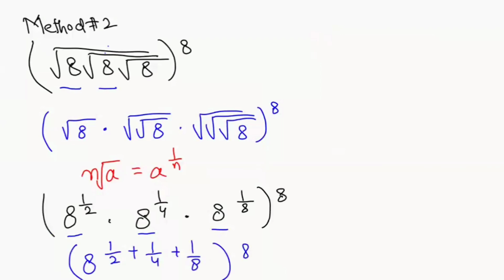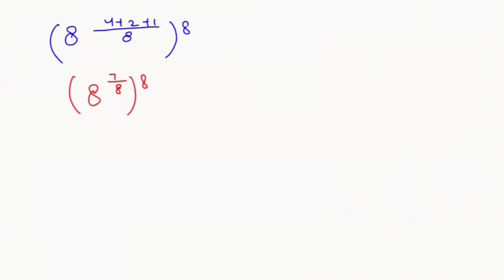So this expression turns to 8 to the power of, now we're going to take the LCM here, that is 8, and 2 times 4 gives us 8. So (4 + 2 + 1) over 8, and the whole to the power of 8. This will be equal to (8^(7/8))^8. Now this 8 and this 8 get cancelled.